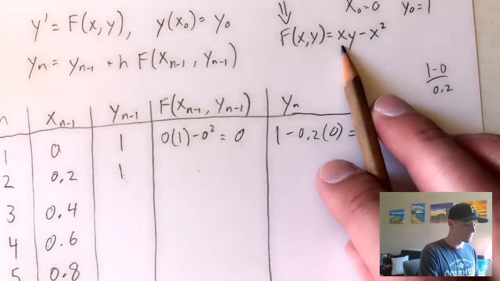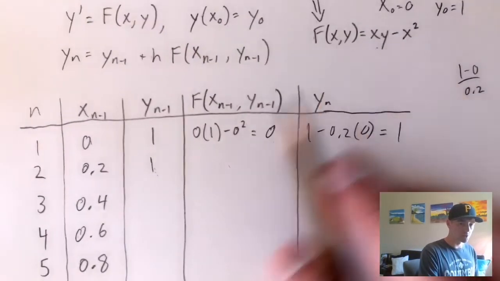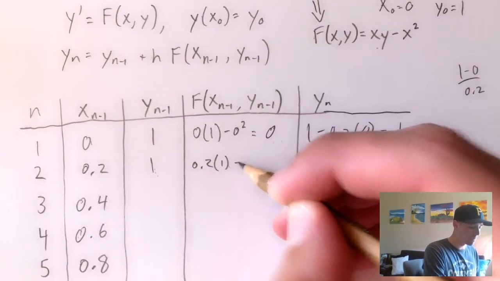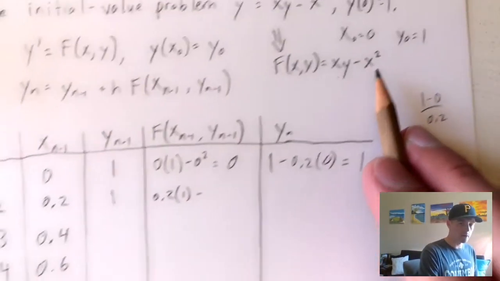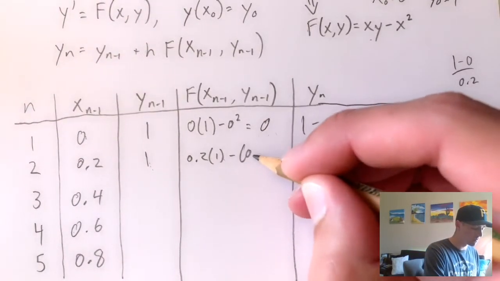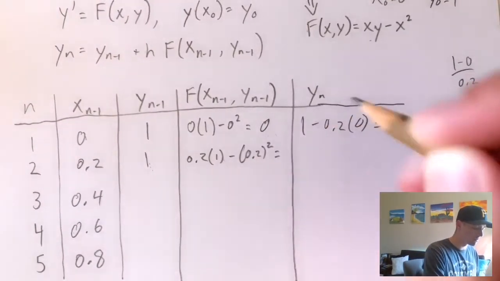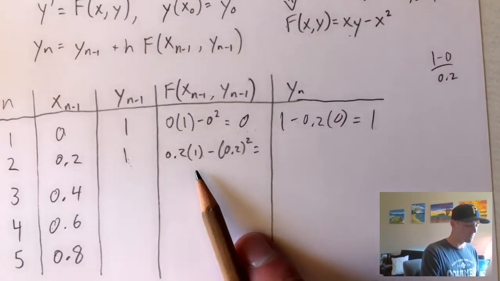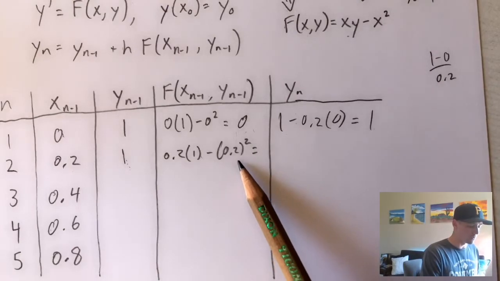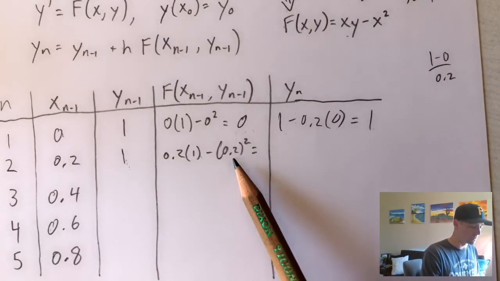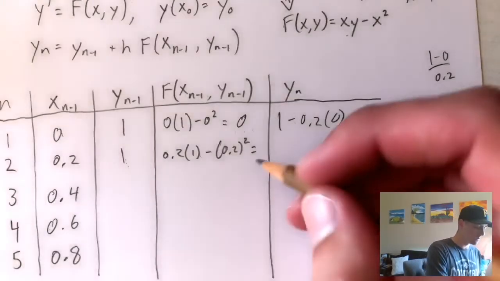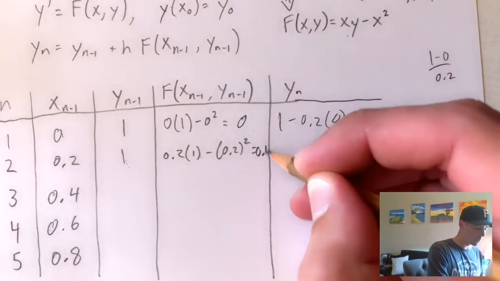And again, that's just going to be x times y, which is 0.2 times 1, minus x squared, which is 0.2 squared. Doing that gives us 0.2 minus 0.04, which is 0.16.